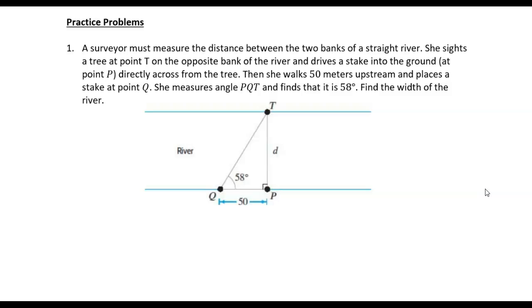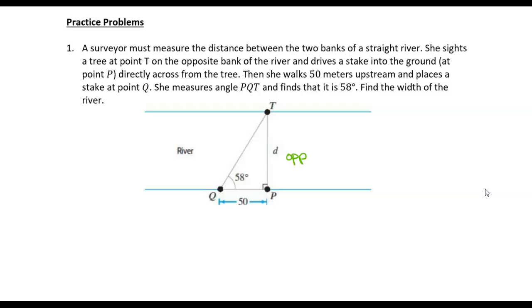Okay? Alright, well, you can see the triangle there. Now, because T is directly opposite of P, we have a right angle here. And so you can see the opposite side is what we want to find, right? That's the width of the river, this distance D. And we know that she walked 50 feet upstream along the riverbank.